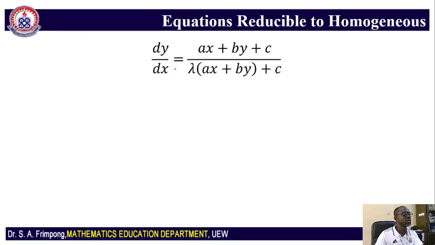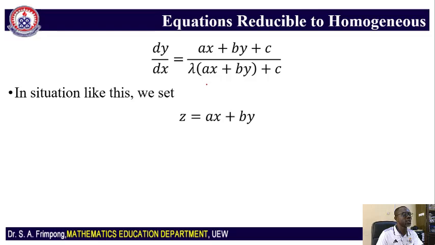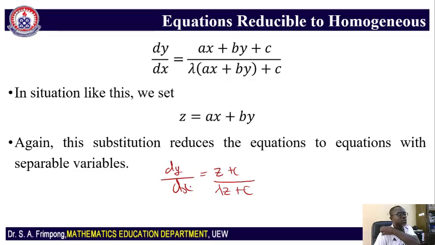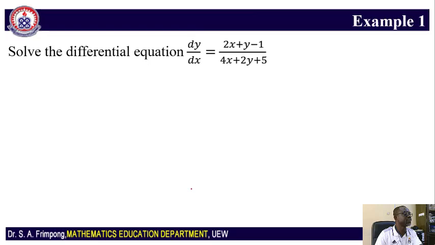So in such a situation, we set z to be equal to ax plus by, so that the equation reduces to dy/dx equals (z plus c) over (lambda z plus c). And when this happens, the equation becomes straight away separable for us to solve. So let's look at an example.